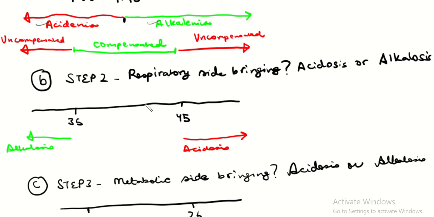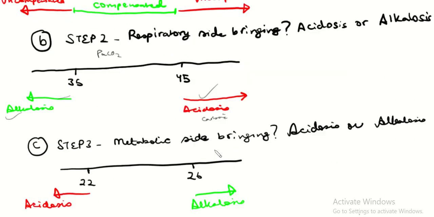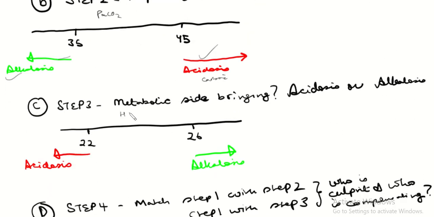Step 2. What is the respiratory side bringing, acidosis or alkalosis? If PaCO2 is less than 35, it's bringing alkalosis. If PaCO2 is greater than 45, it's bringing more carbonic acid, or acidosis. Step 3. What is the metabolic side bringing? What's the bicarbonate?